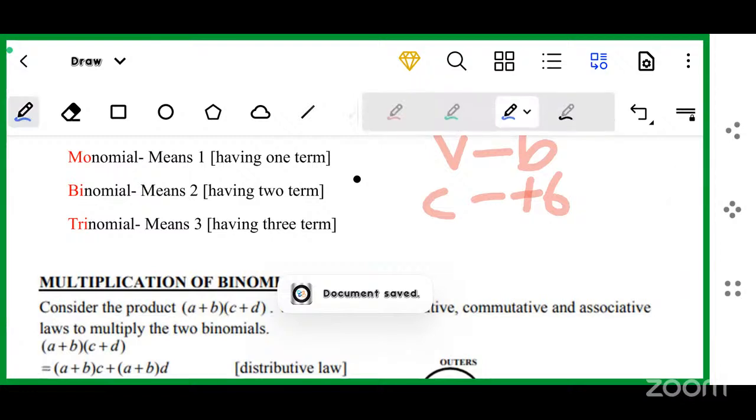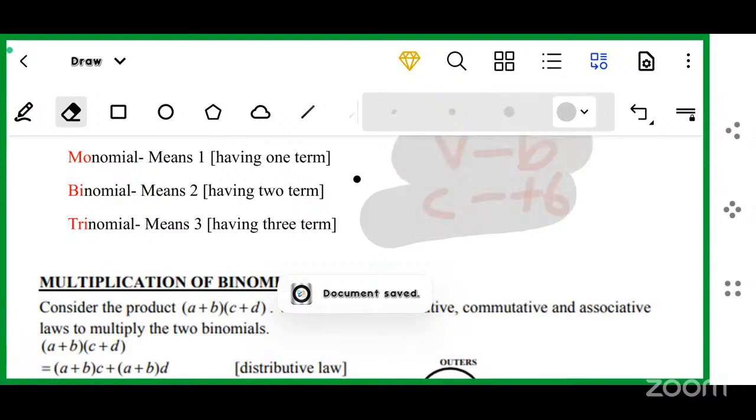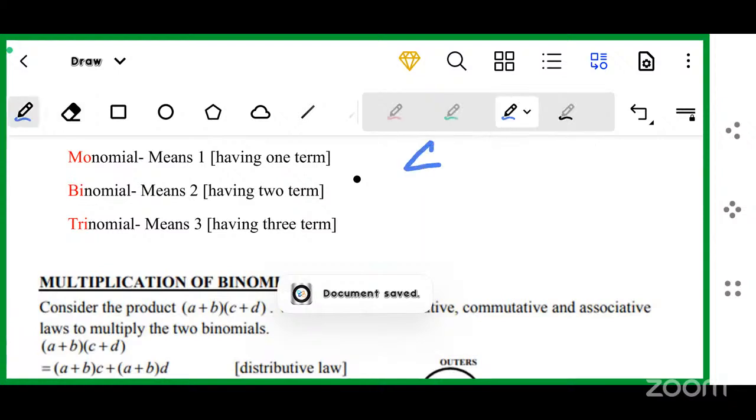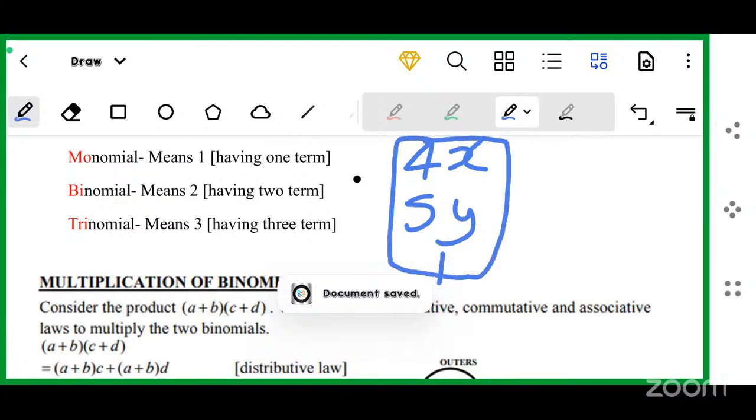It can be 4x, it can be 5y, it can be 1. These are called your monomials. But when you're dealing with binomials, we can have 4y minus 1. That's your binomial.